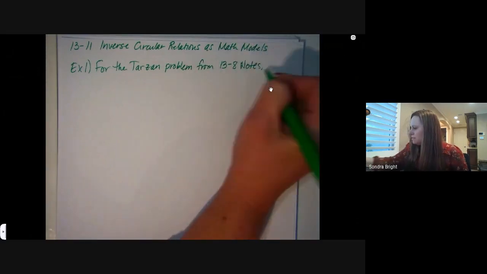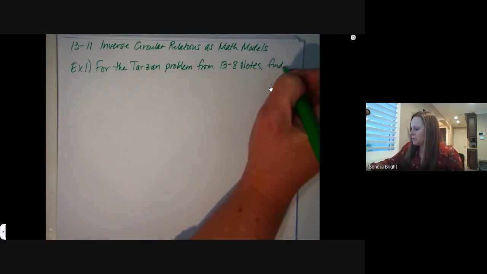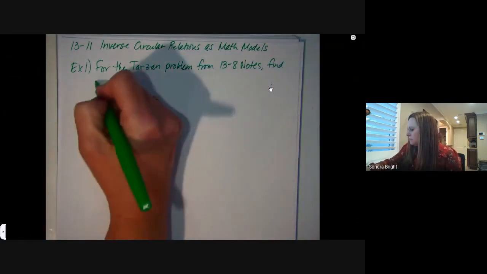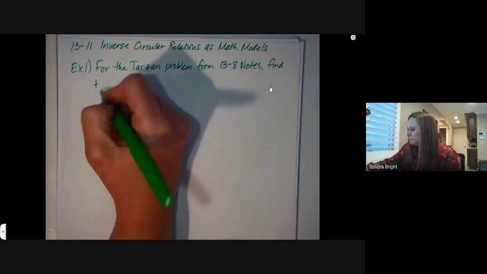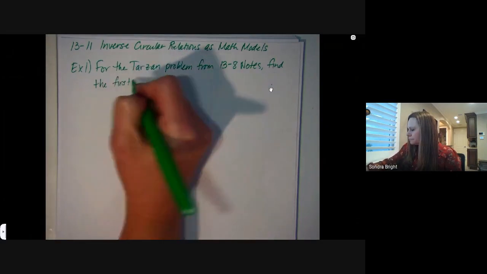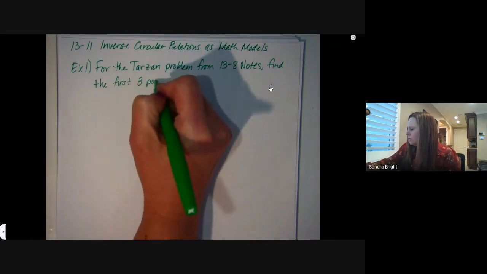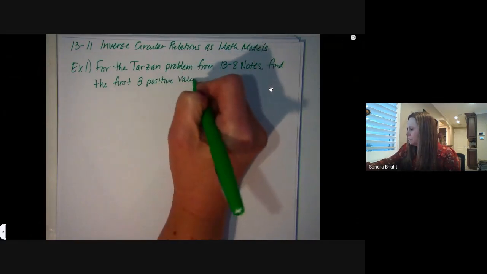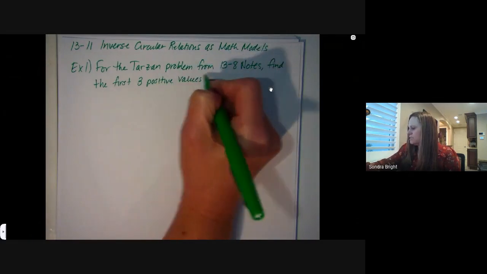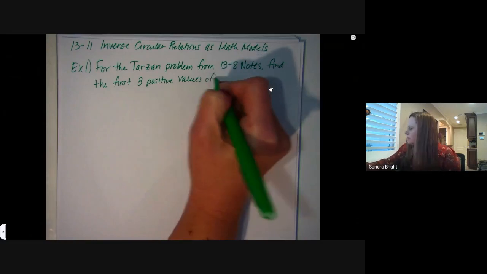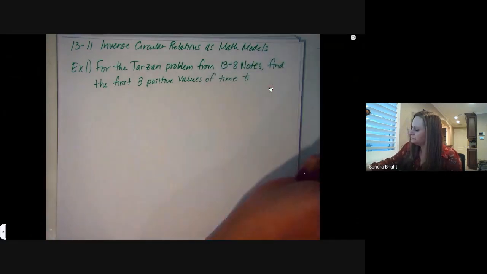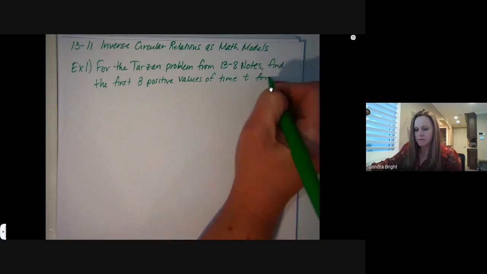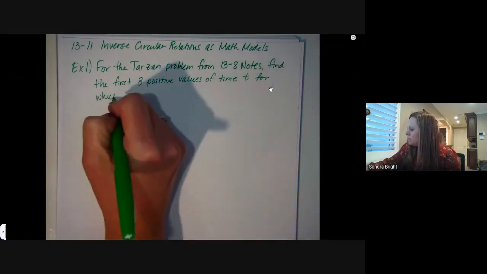We're going to find the first three positive values of time, we used t in that problem, for which Tarzan is directly over the riverbank.